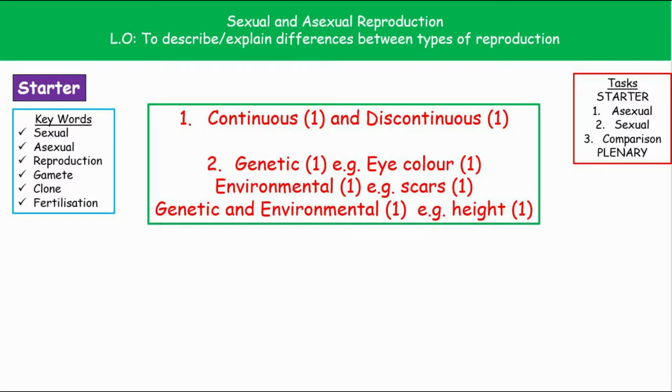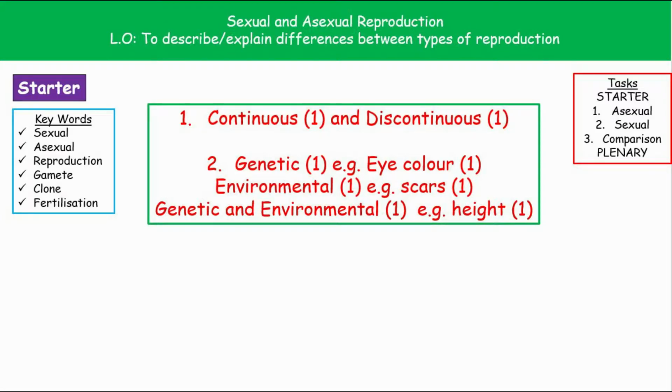Let's mark those answers then. Our first one, the two types of variation that we get are continuous for one mark and discontinuous for the second mark. In terms of our causes of variation and their examples in question 2, you get a mark for saying genetic, and the example for genetic you could have had eye colour, blood type, any number of others there.